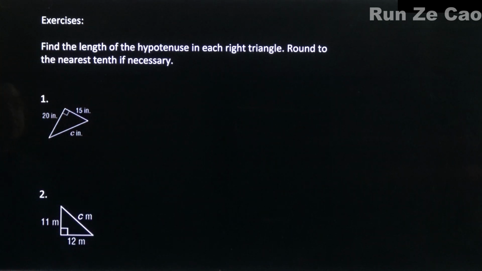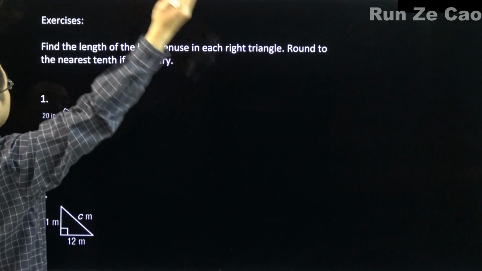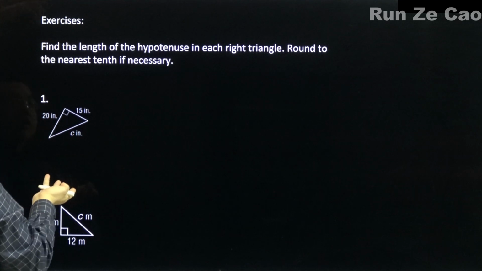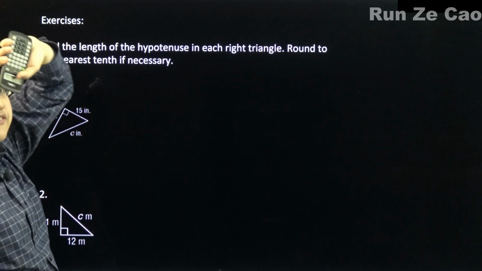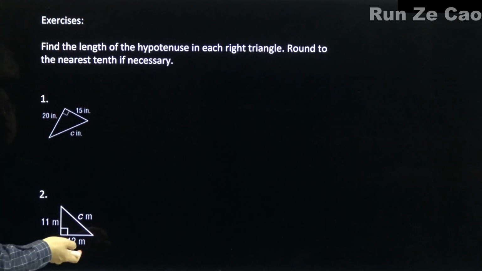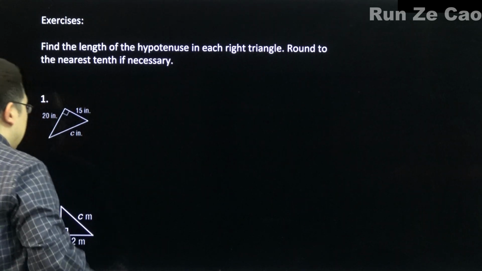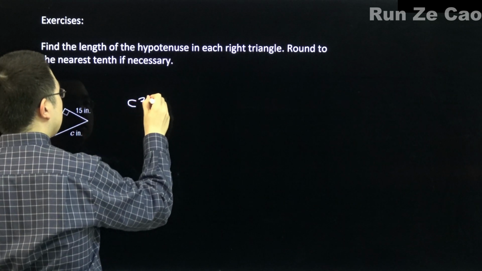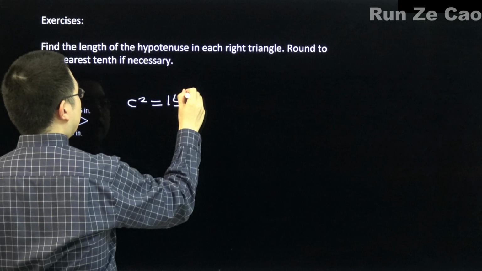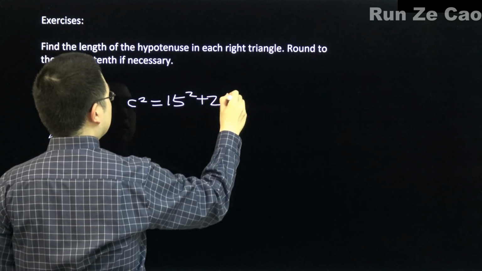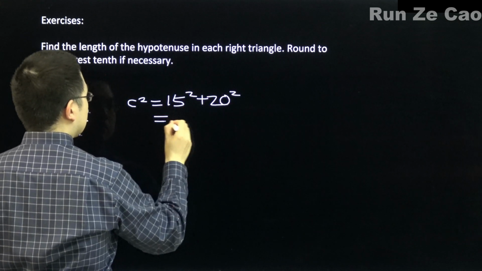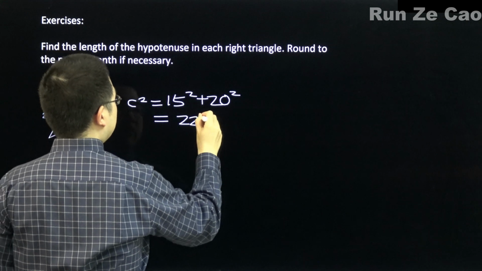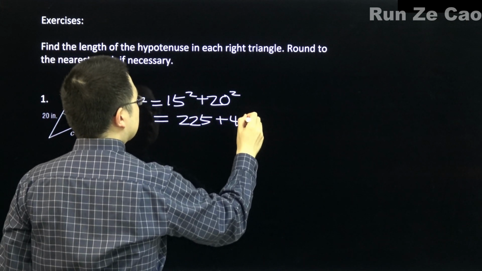Yeah. So let's find the length of the hypotenuse in each of these right triangles and round to the nearest tenth if necessary. Okay then. 1, you have c squared equals 15 squared plus 20 squared. So that's 225 plus 400.